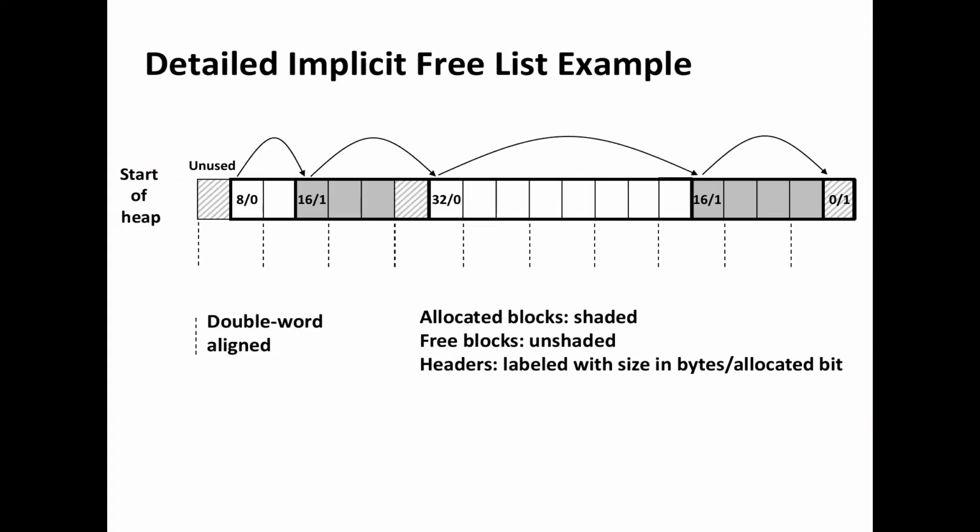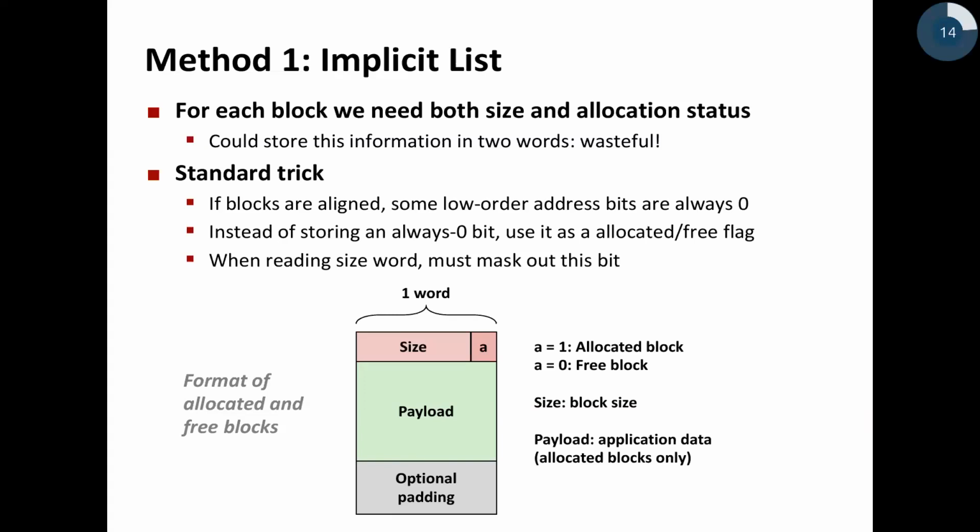So let's take a look at this example of a free list. So we have a start of the heap. Oh, by the way, I said that we have to be double word aligned, right? So the payload has to be double word aligned. But it seems like I was trying to save some memory, right?